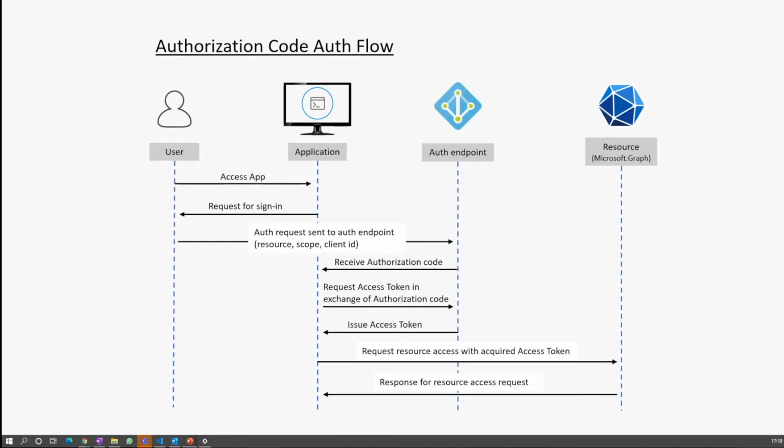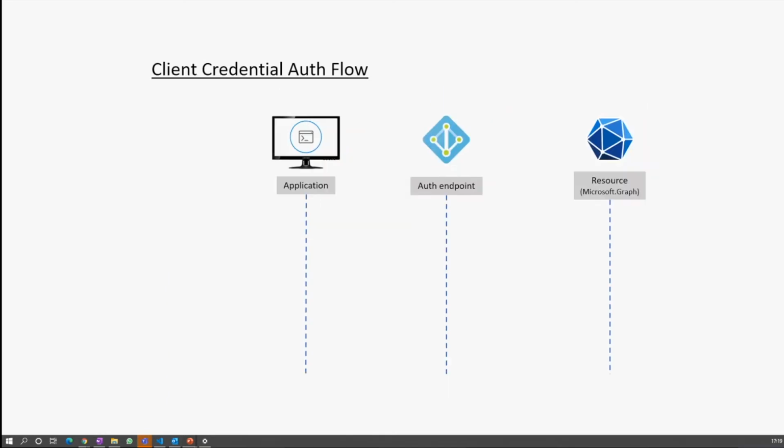Now there is one more authentication flow, which is the client credential authentication flow. This does not require a user sign in, so this is a fully automated scenario where the application does not require a user to be present.